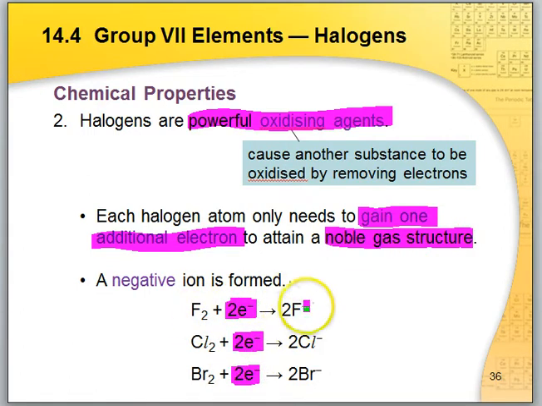When they gain the electrons, they become a negative ion. So it undergoes reduction. The halogens undergo reduction and oxidize other substances.